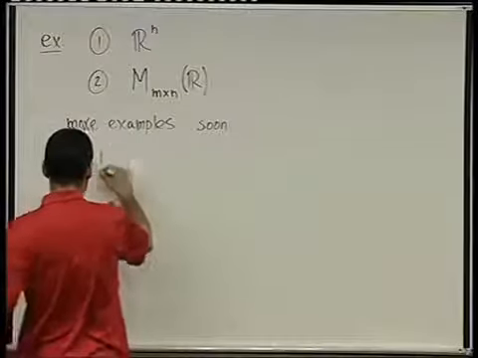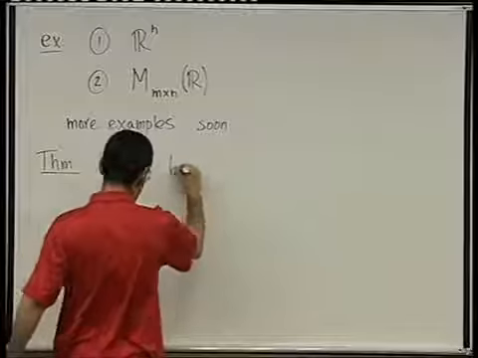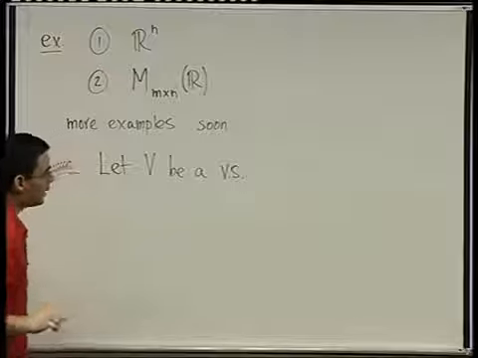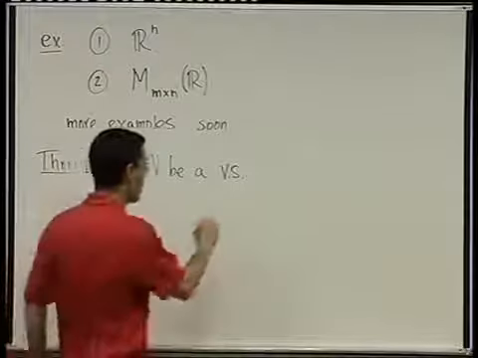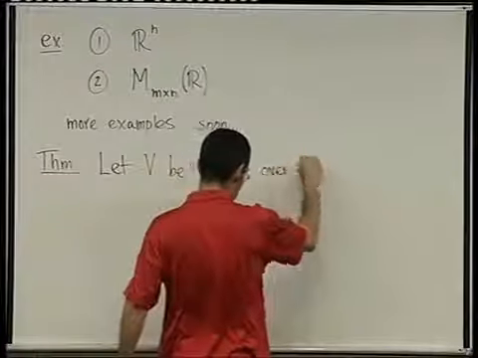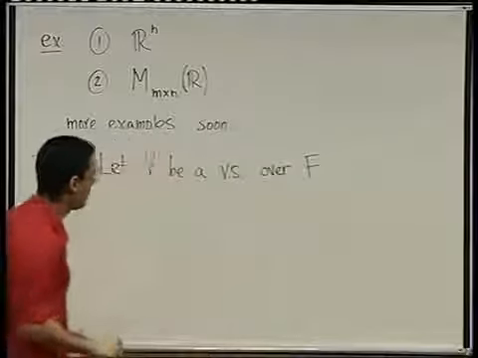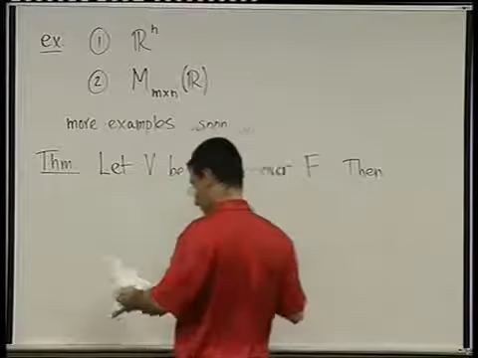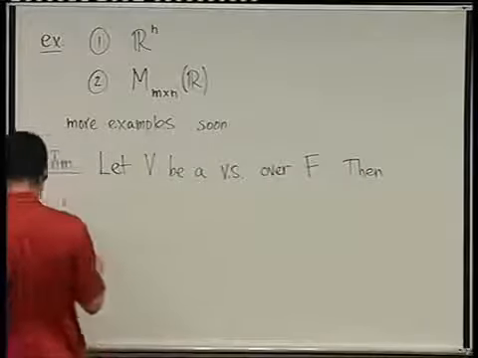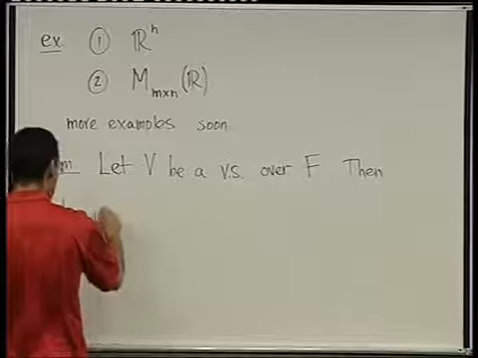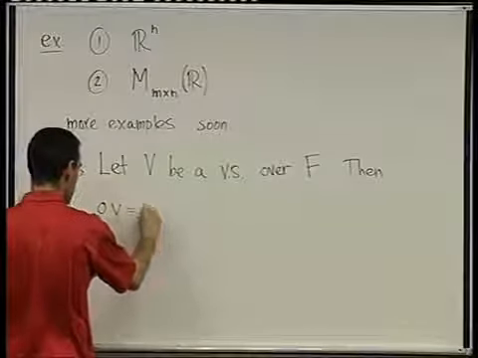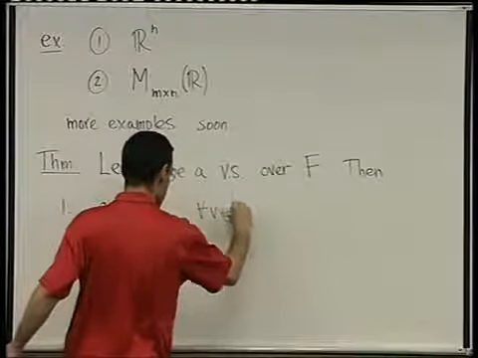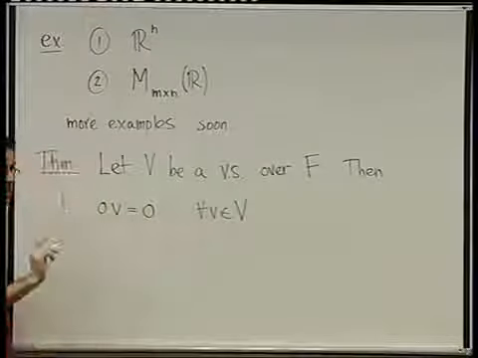So let V be a vector space. Let's abbreviate vector space like this, over, and I have to mention what the field is, so the field is going to be F. Then, so the first property is going to be that 0 times V is 0 for every V in V. Now there's something tricky here.